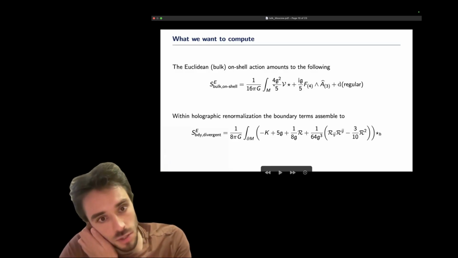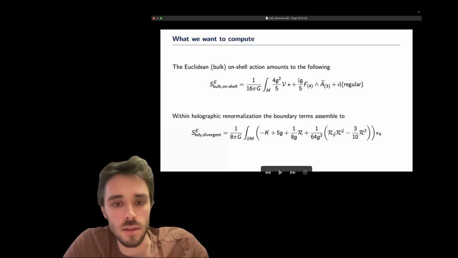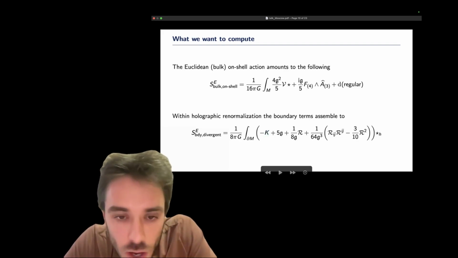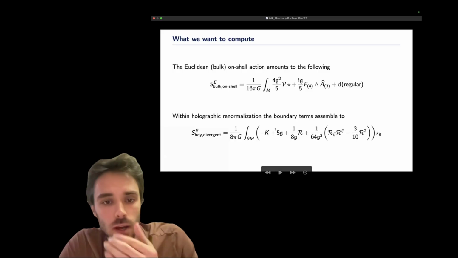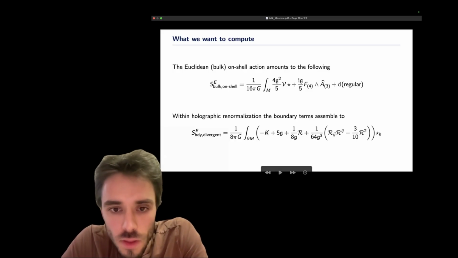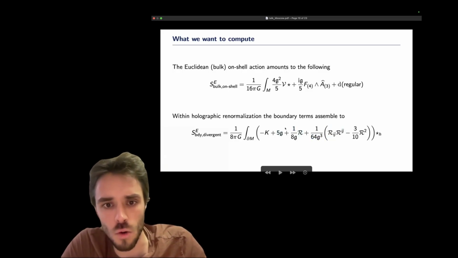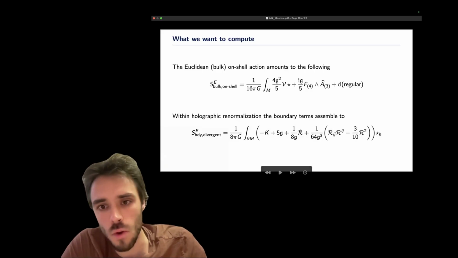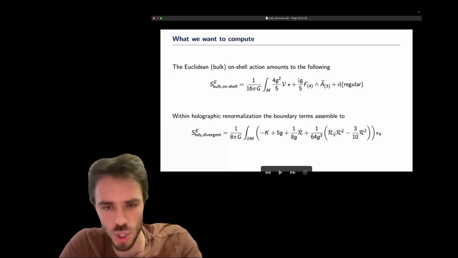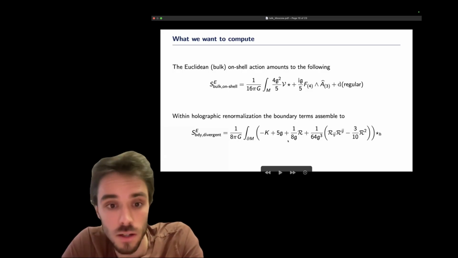So this is divergent, you add something else which is divergent to it, and this something else involves the induced curvature, the Gibbons-Hawking-York term, and it involves now these three terms, which go like no powers of r, 1 power of r, 2 powers of r, where curly r is the Ricci scalar of the induced metric of the boundary.